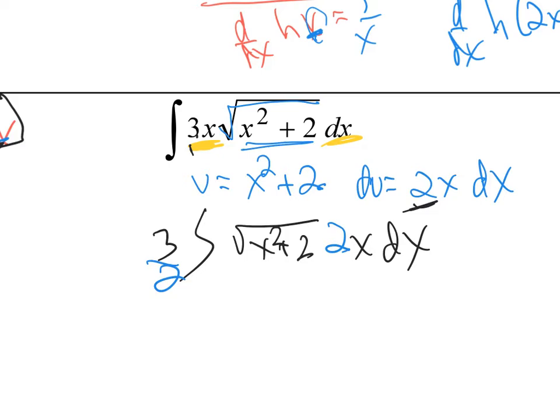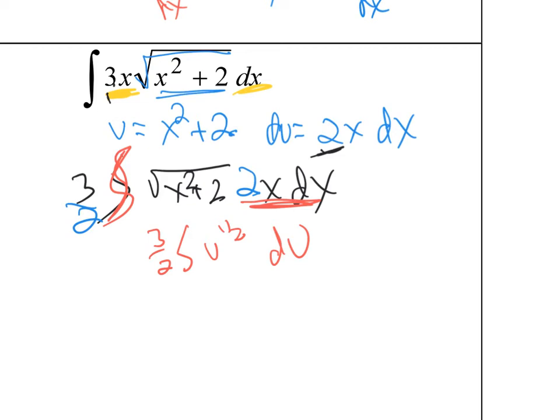So now what happened is I'm integrating something with a du in there. So it's 3/2 integrate u to the 1/2 du. Obviously, that answer has to be 3/2 u to the 3/2, because I add 1 to the half, 3/2, and I divide by 3/2, 3/2 plus c.